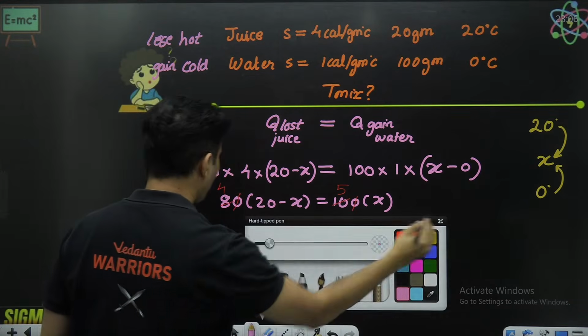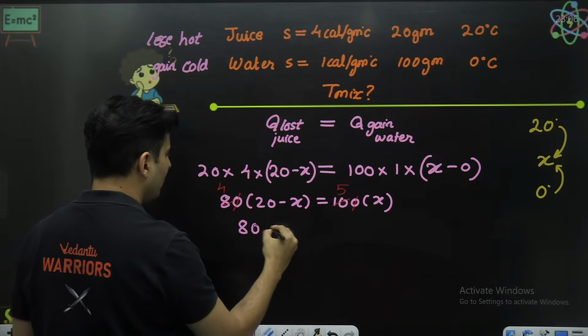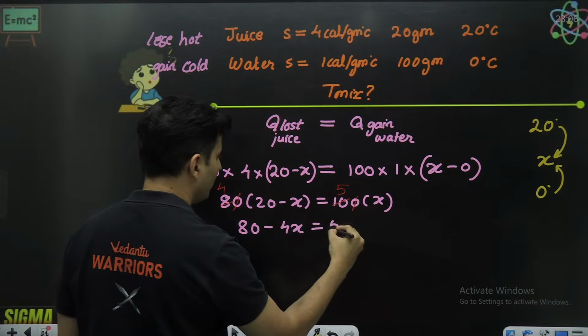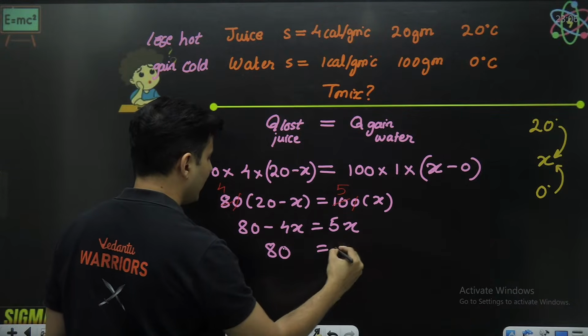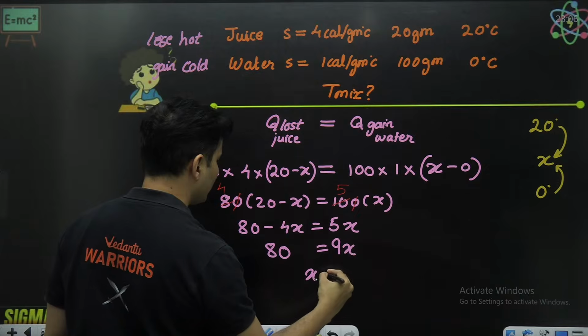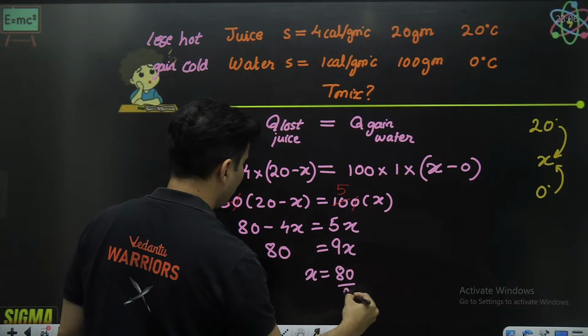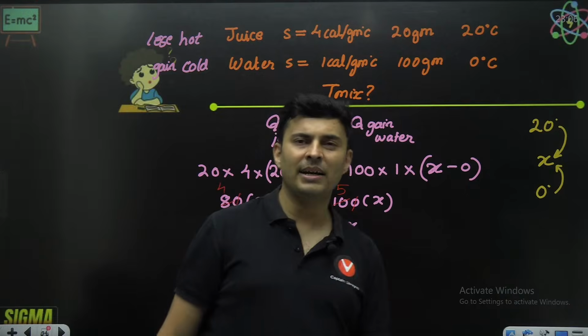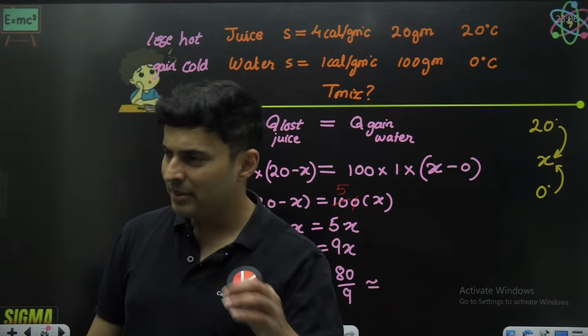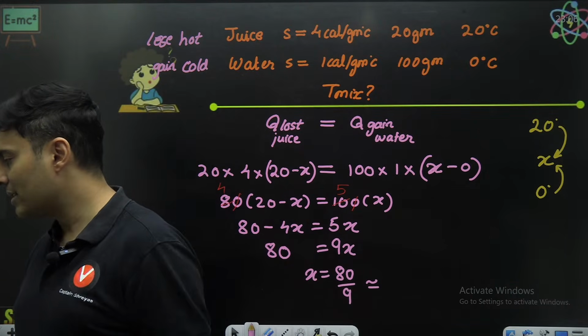Okay, perfect. So 4 into 20 is 80 minus 4x is equal to 5x, of course. So 4x plus 5x is 9x. So x is 80 divided by 9, which will be, because 81 divided by 9 will be 9, almost 8 point something.